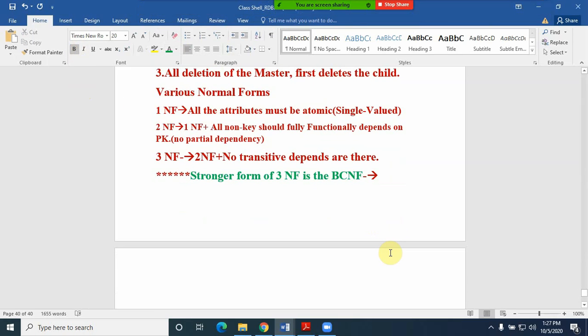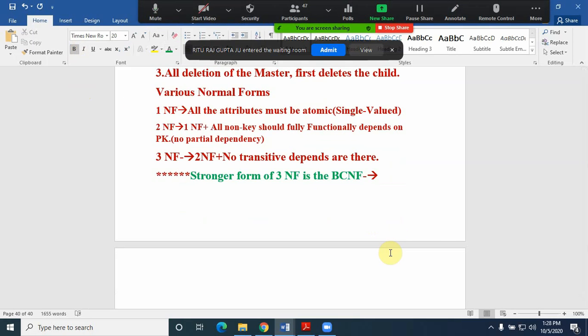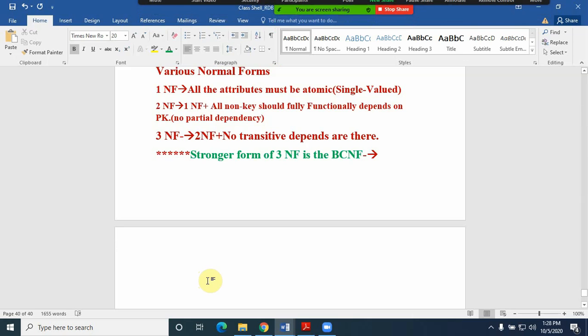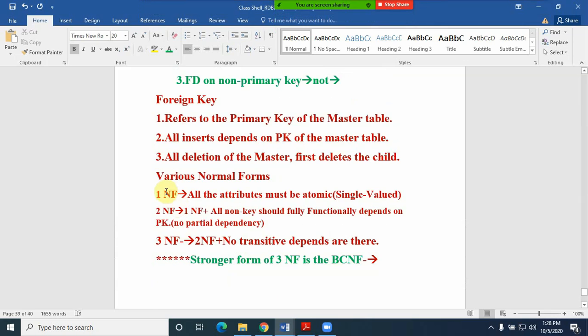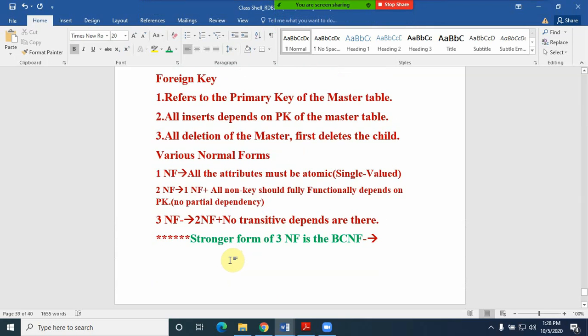Now why do we need a stronger notation? I have already mentioned that in the discussion. If you are considering any companies, friends, like Wipro, TCS or Infosys, their stand is to come up with a good database design.